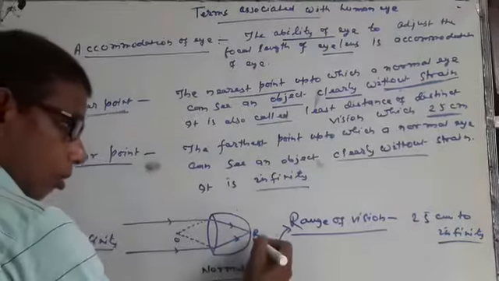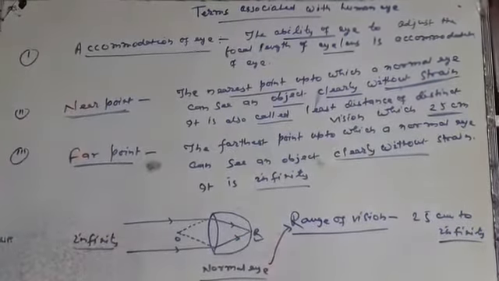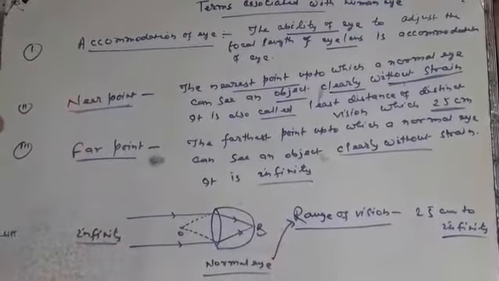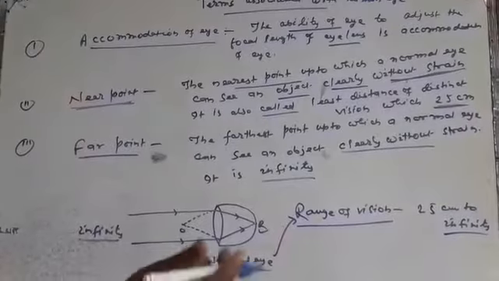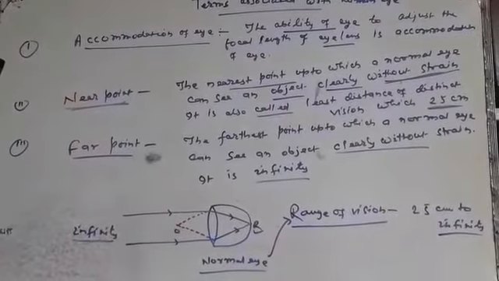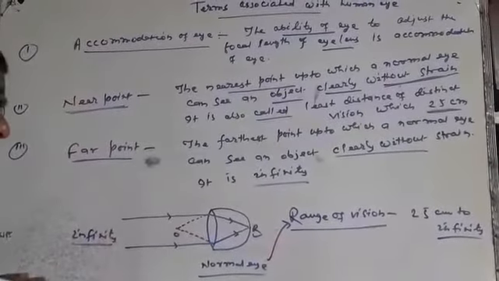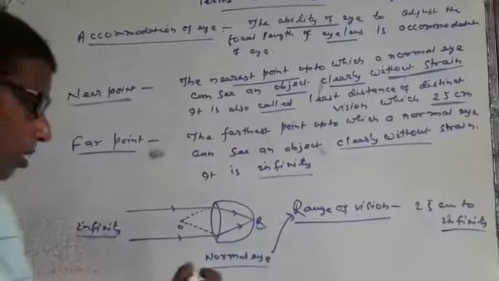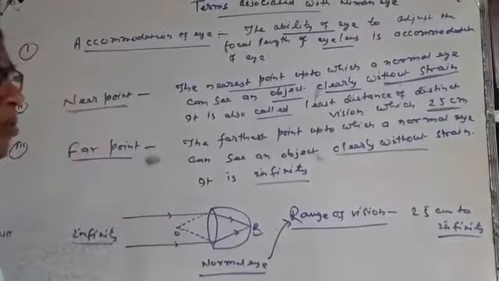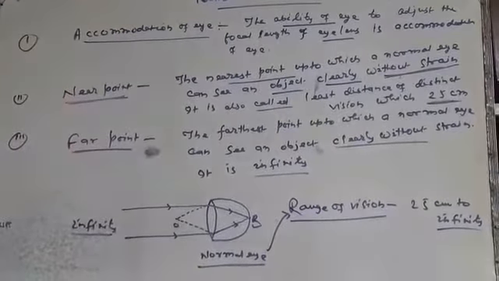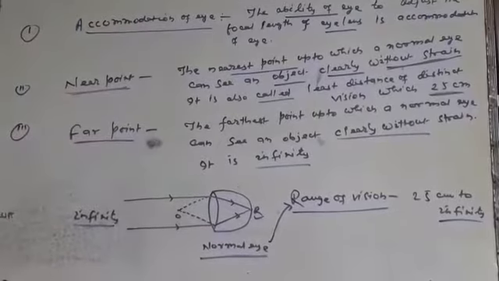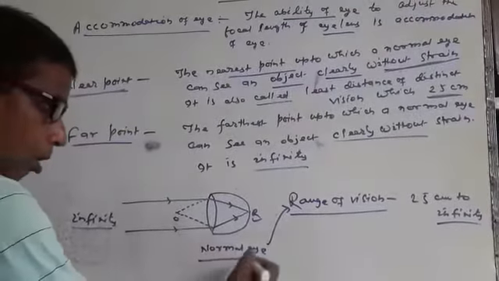So in both cases, whether the object is near, up to 25 centimeter, or at infinity, the normal eye is able to see the object without any strain, without any problem. Clearly, this is the normal eye.